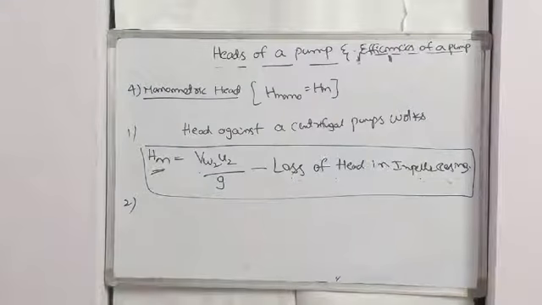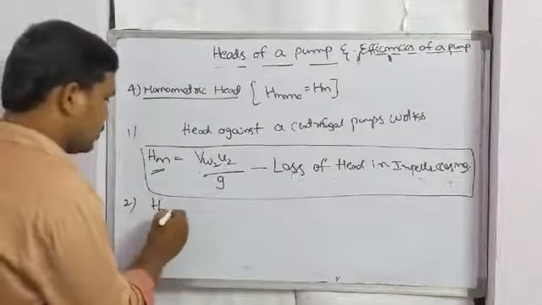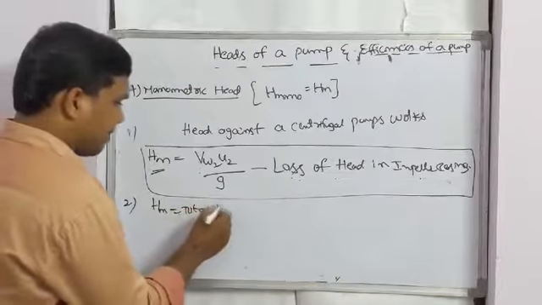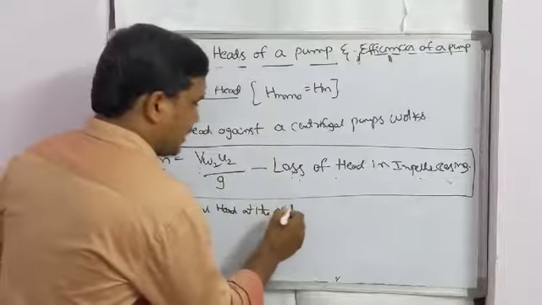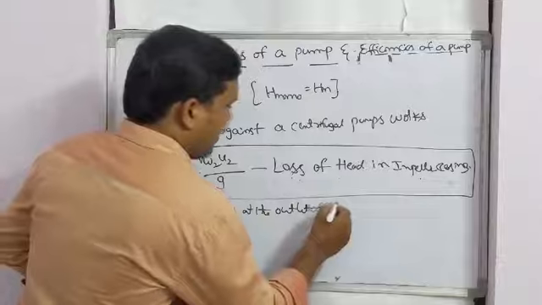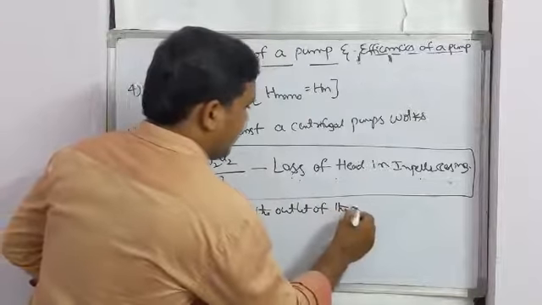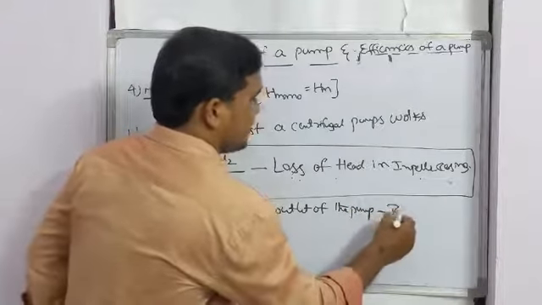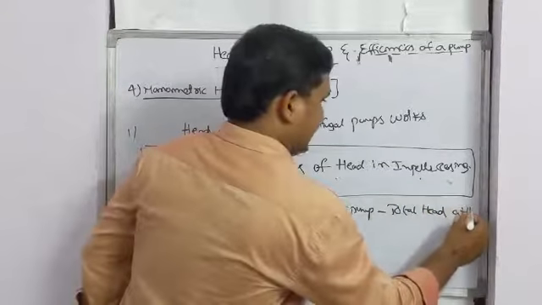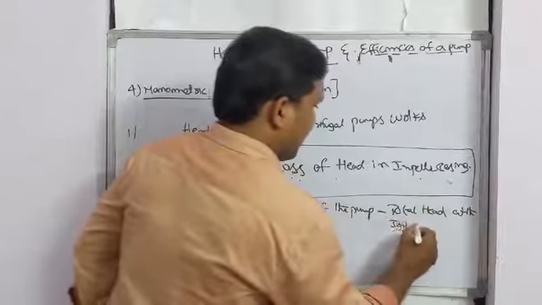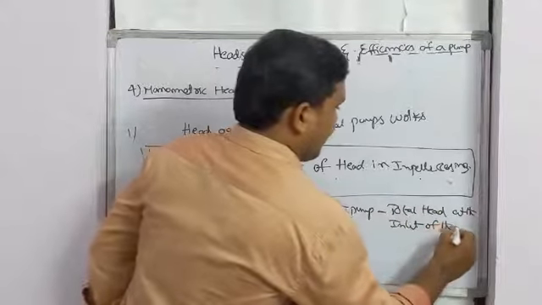The second one is the total head at the outlet of the pump. Hm is equal to the total head at the outlet of the pump minus the total head at the inlet of the pump.